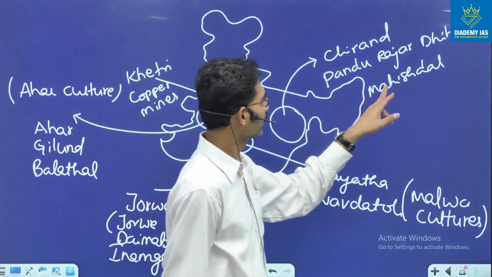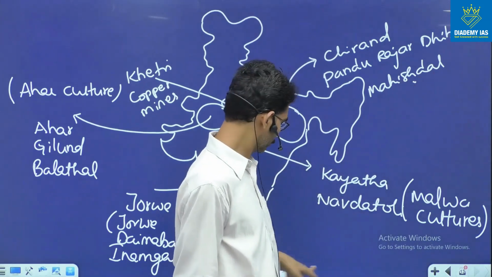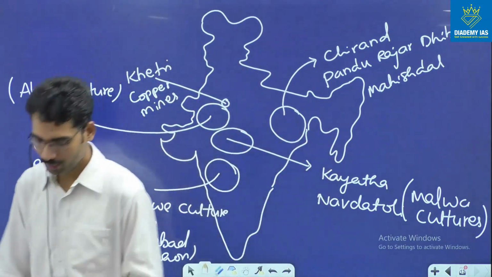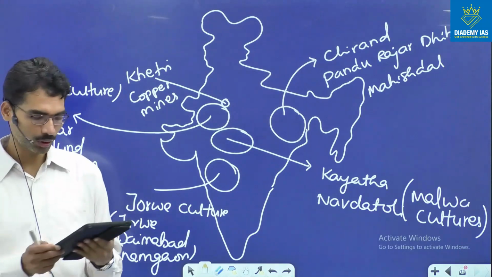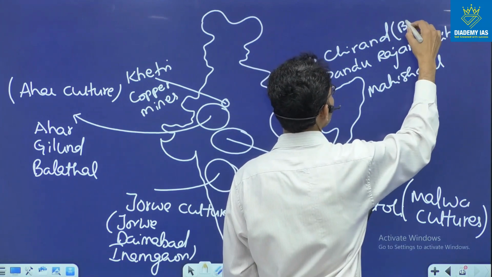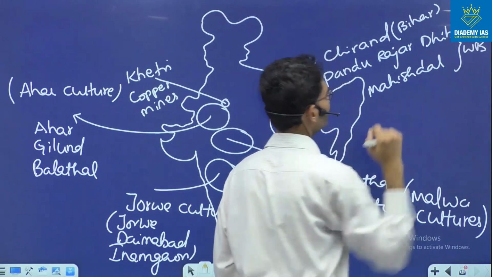Mahishdal, yeah. Mahishdal in West Bengal. Pandu Rajar Dhibi and Mahishdal both are in West Bengal. Chirand in Bihar. These two are in West Bengal.